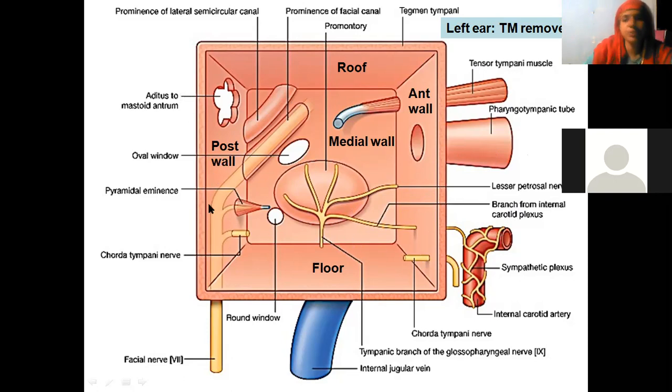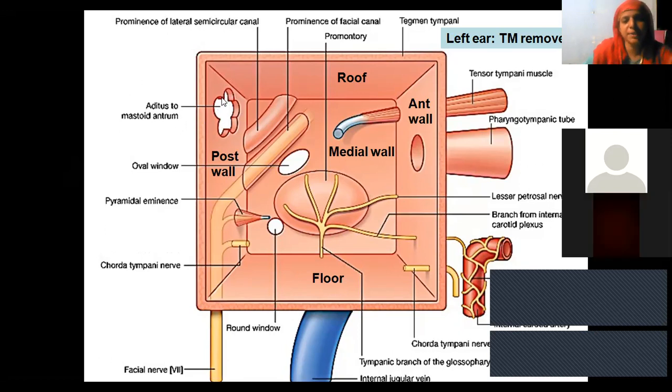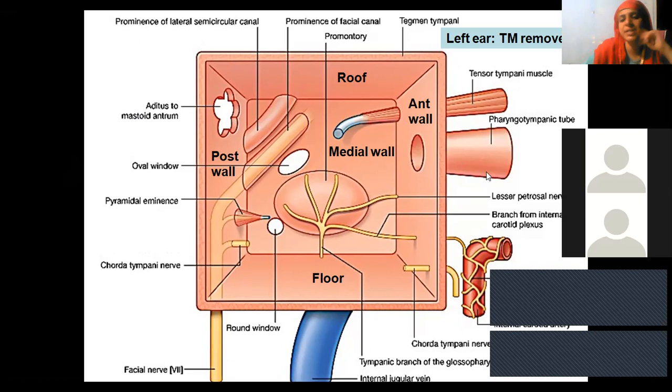Now coming to the posterior wall. In the posterior wall I said we have the mastoid process. In the mastoid process area you will have an opening, that is aditus to the mastoid antrum. That is a passage leading from the mastoid process to the middle ear. Like you have a passage from the nose to the middle ear, there is a passage from the mastoid process to the middle ear.